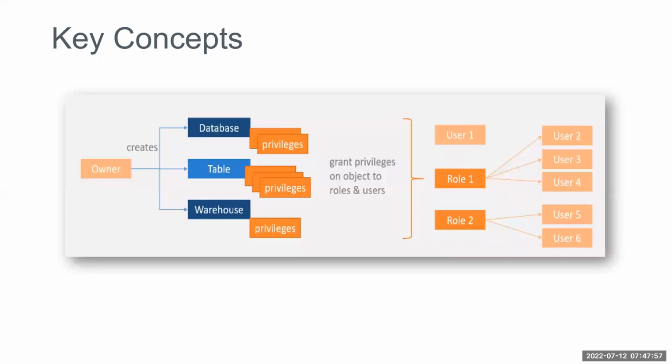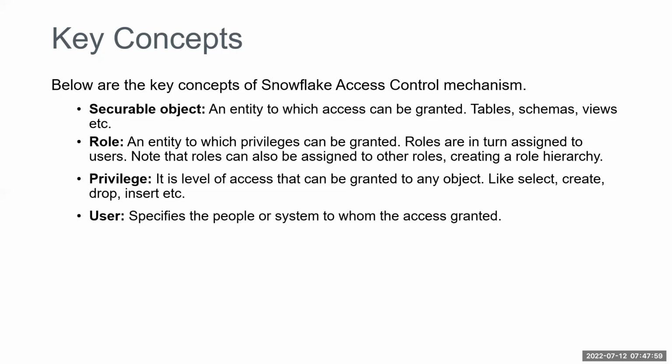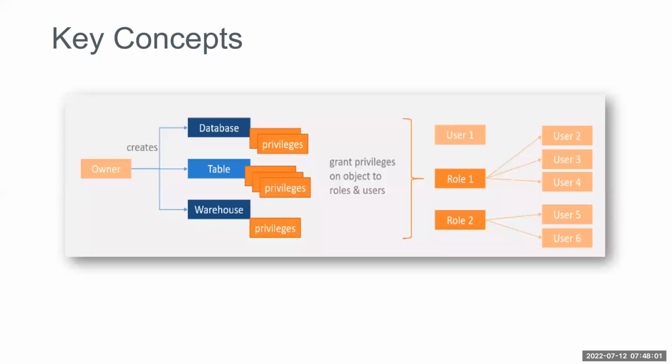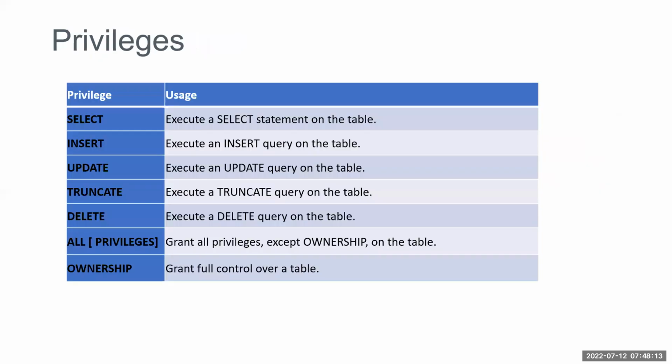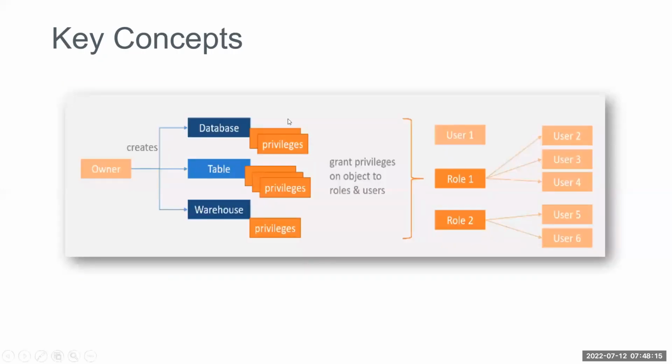So if you cannot understand the previous slide, now you can get more clarity here. Suppose just understand this diagram. Okay, there is an owner. He has created some tables, some objects. The object can be a database or table or warehouse, whatever it is.